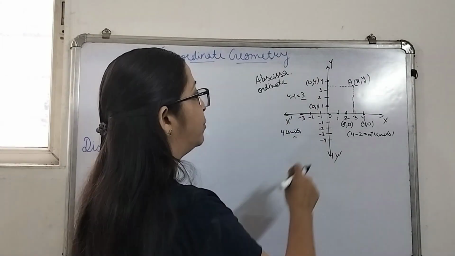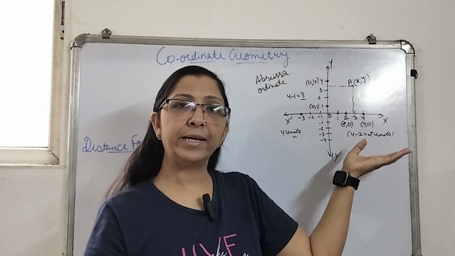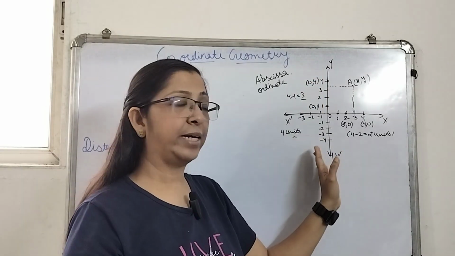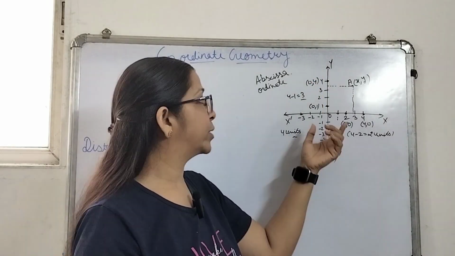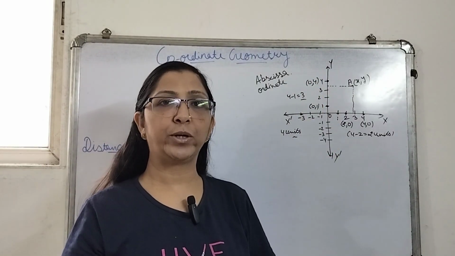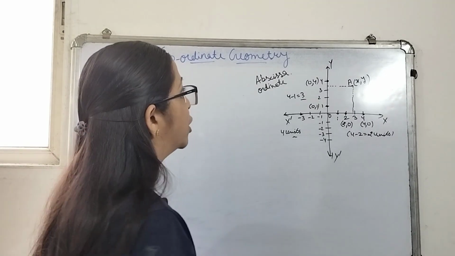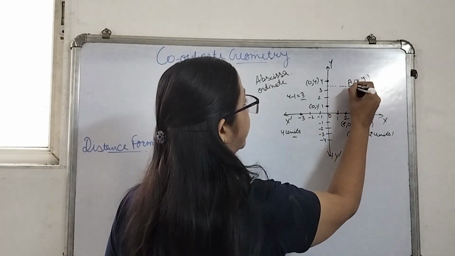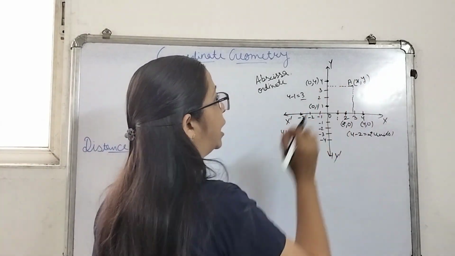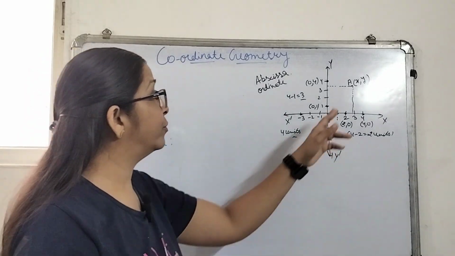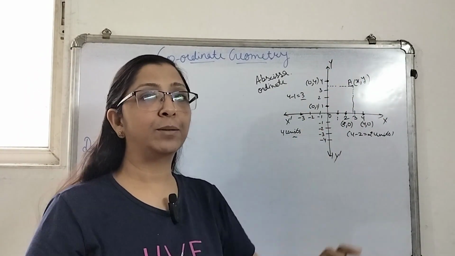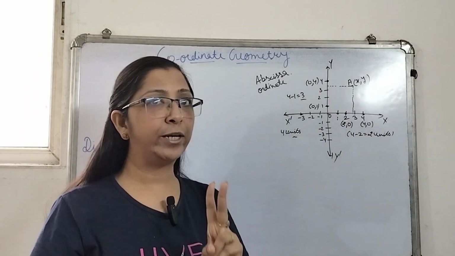So if points are given on either the y-axis or the x-axis, it is very easy to calculate the distance between these 2 points. Now suppose this is the point. How do we find the distance of this point from any other point? For finding distance we require 2 points.